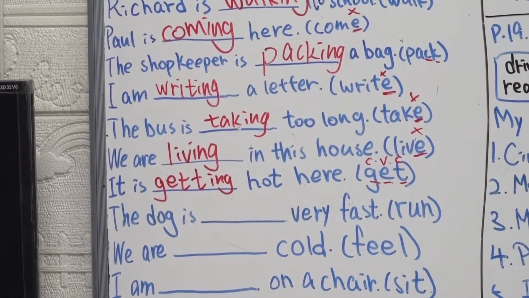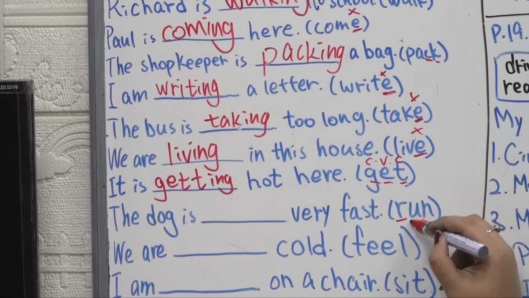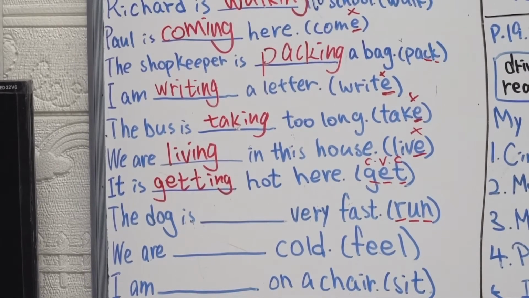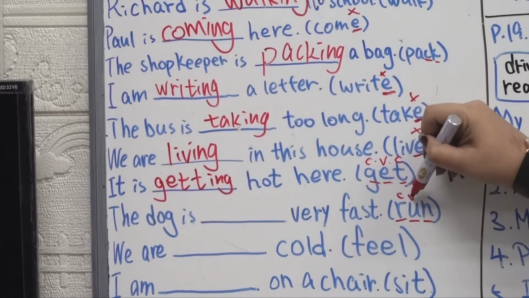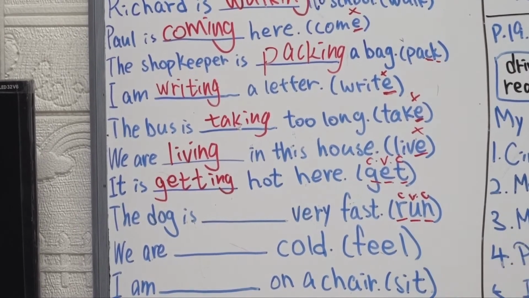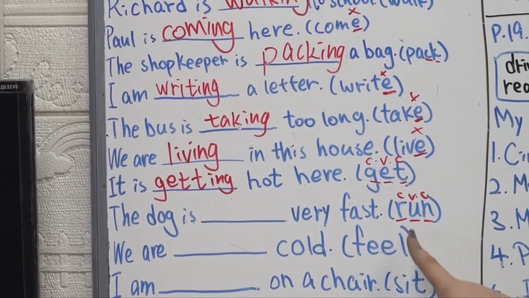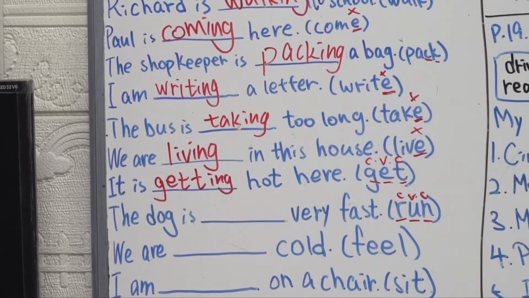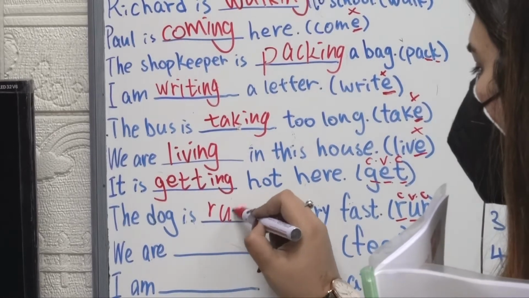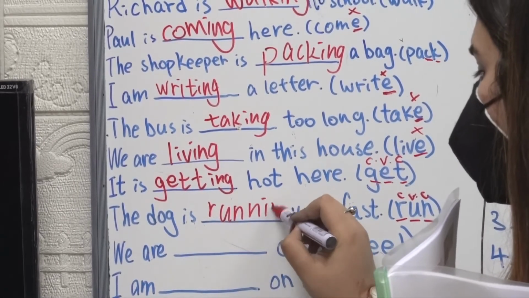Here is a consonant, a vowel, and a consonant. The vowel is one of A, E, I, O, U, so here the letter U is in the middle. So what do we have to do? Again, we double the last letter and add ing.